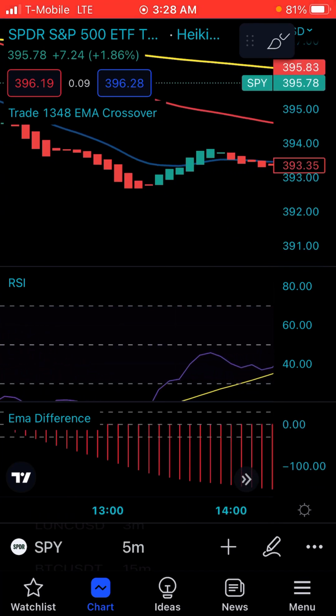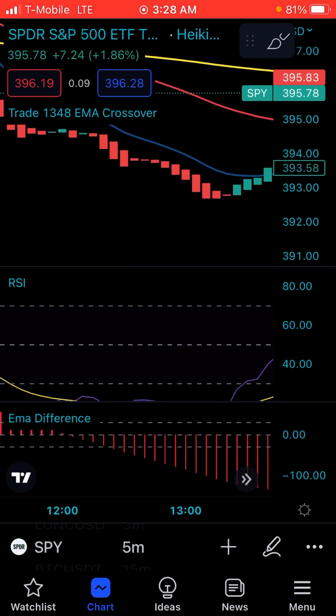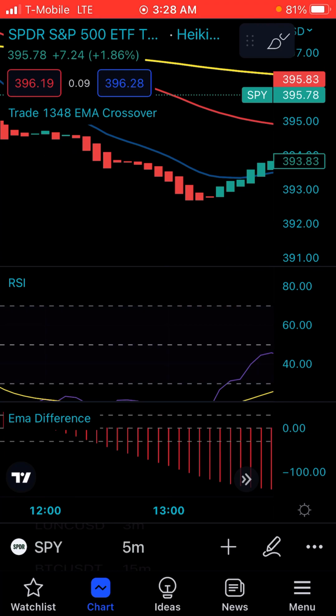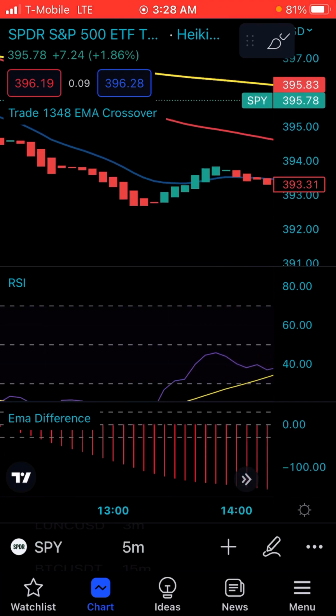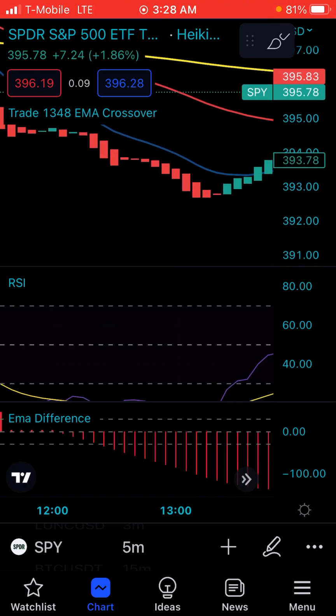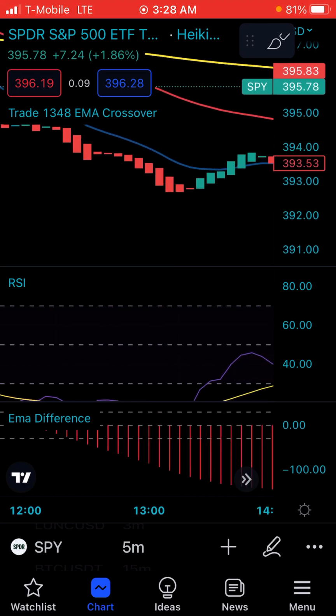But when it starts going back up, what this actually helps with is, a lot of times when I'm doing options trading and I see the candles change, I think it's going to start going in that direction. But you see from the EMA difference that it's still red, so that means it's still a downtrend.